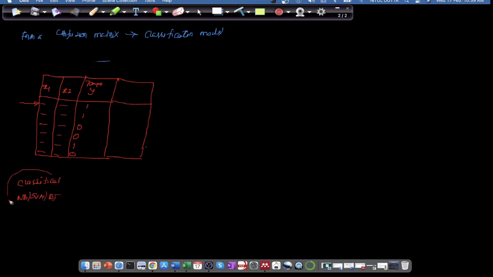In order to apply the model to this data set, we will divide the data set into an 80% to 20% ratio. The 80% we use as a training data set, and the 20% we take as a testing data set.